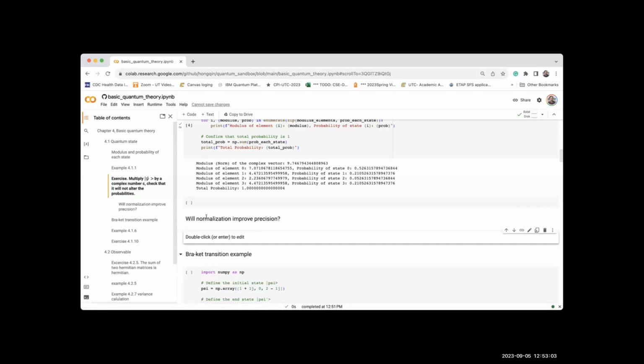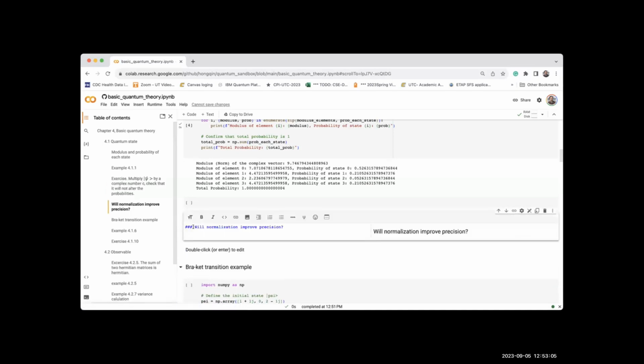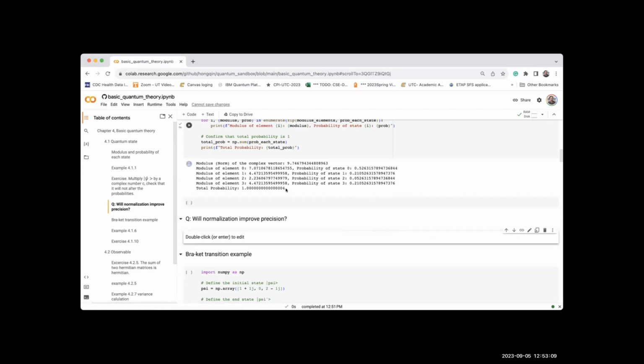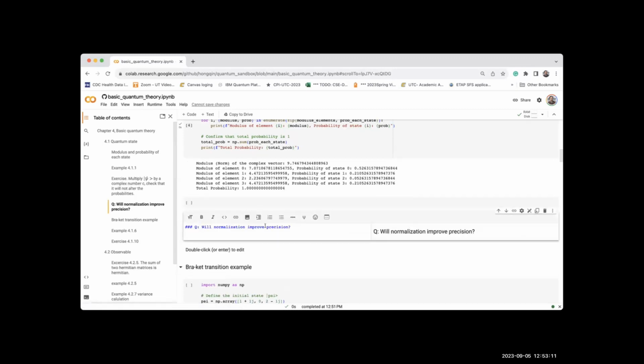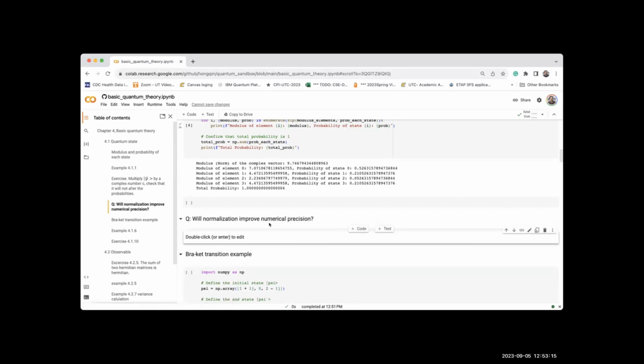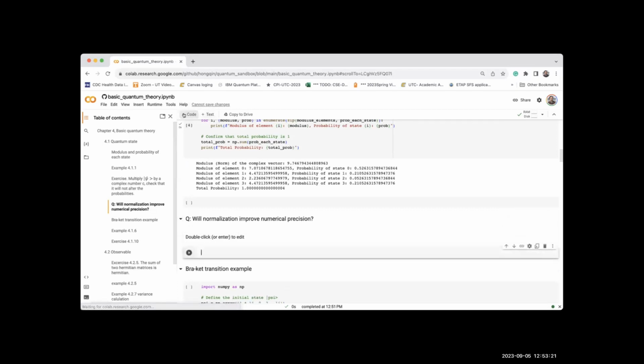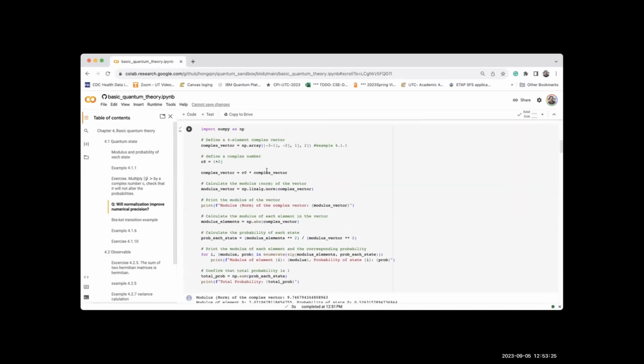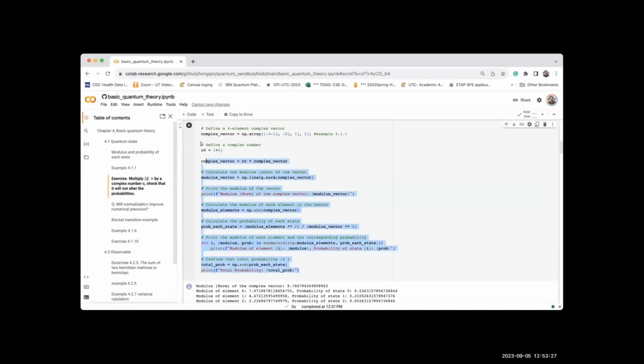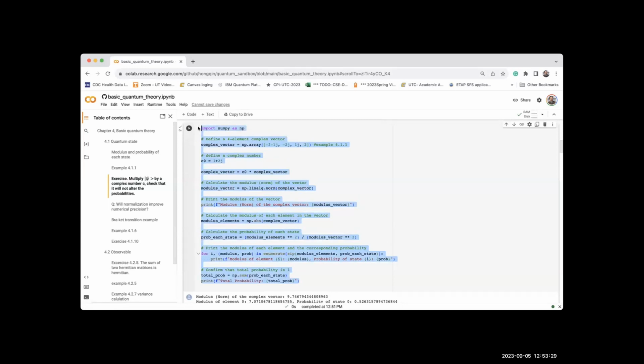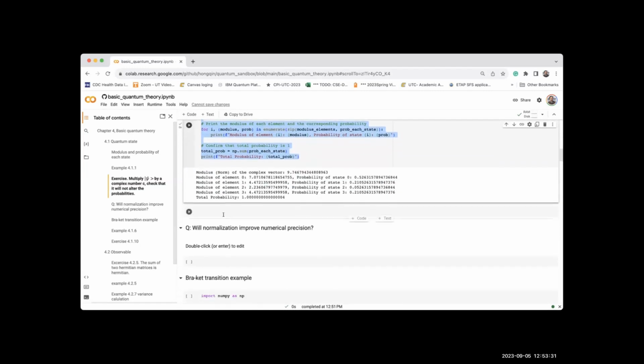So the question, a good question: if we normalize, will it improve the numerical precision? This is actually quite a practical question. It probably depends on implementation, but let's try to normalize this. Sort of making you suspect those NumPy guys, right?